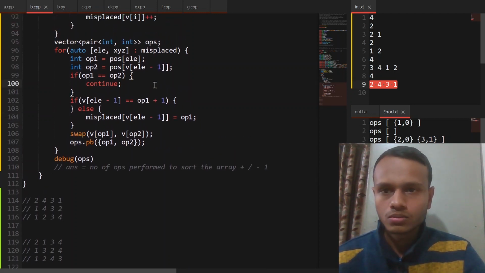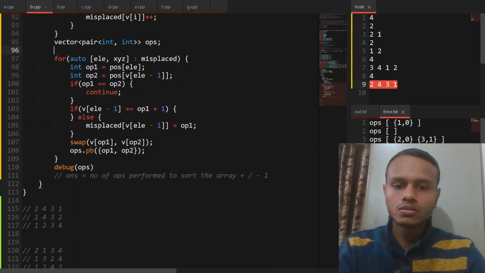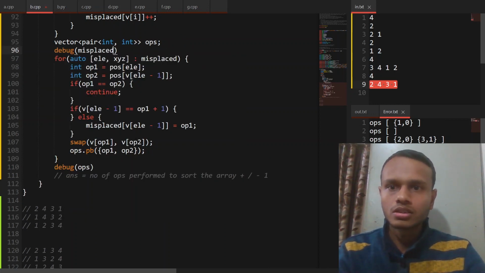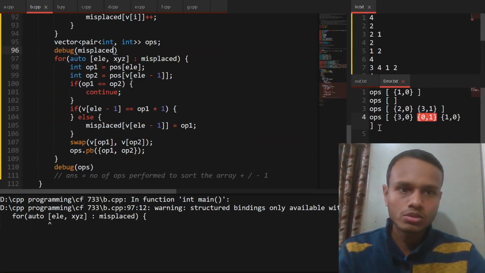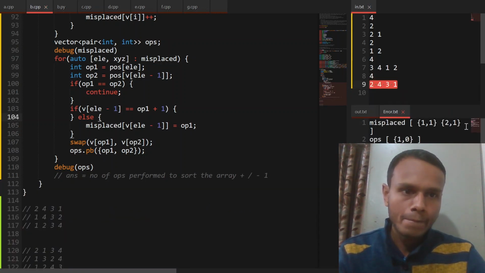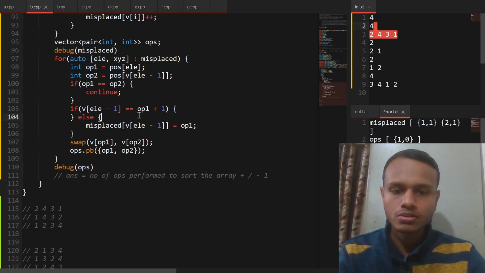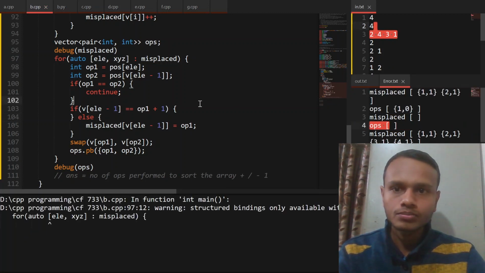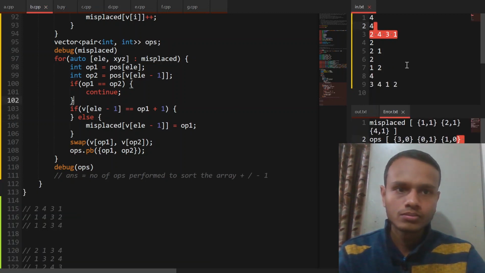So okay, let's see how our misplaced map looks. But actually let's just focus on this case. Only one case.